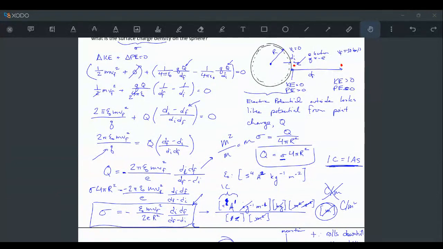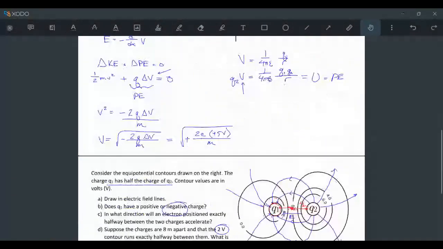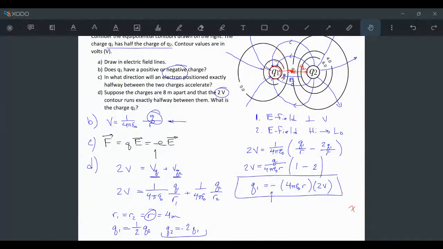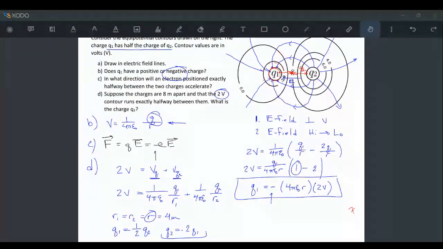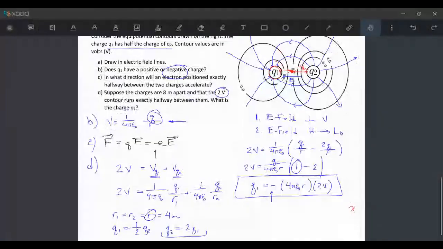Okay, seems like someone asks: why is Q1 1? I assume you mean on this one, so let's go back here. I think probably what you're referring to is where that 1 came from. Correct me if I'm wrong, but I think that's what you're getting at. Okay, awesome.